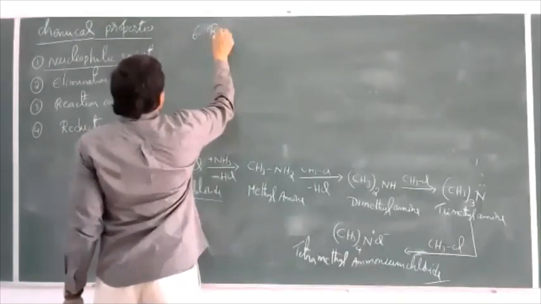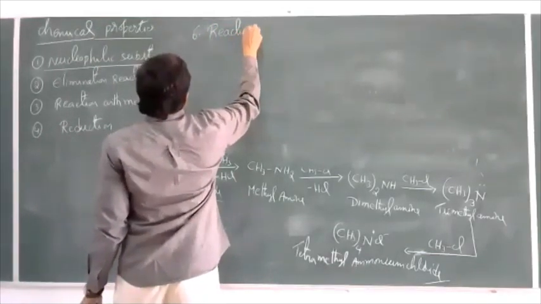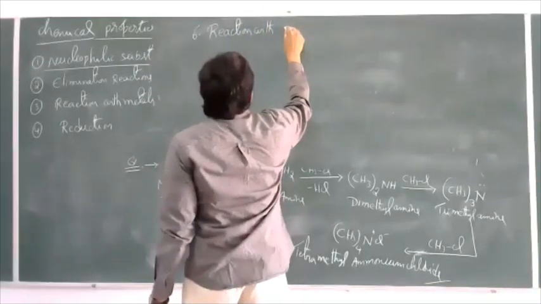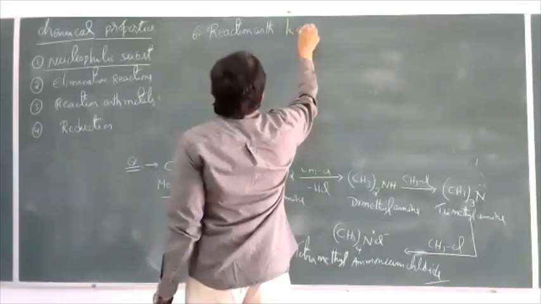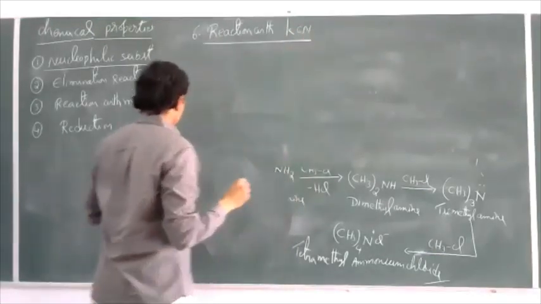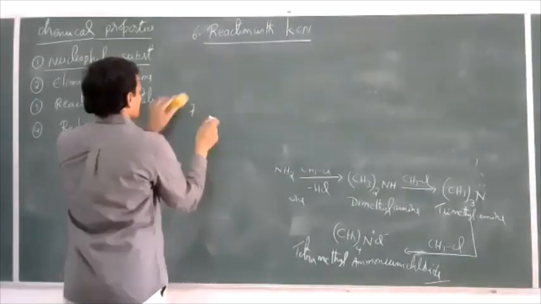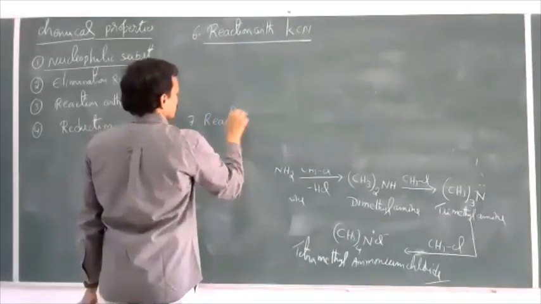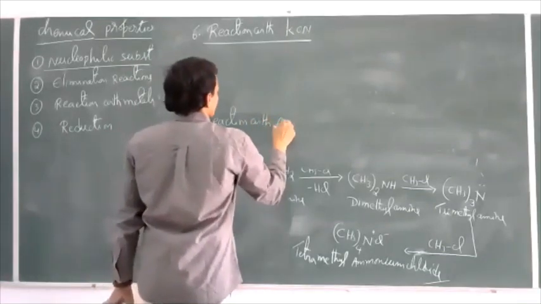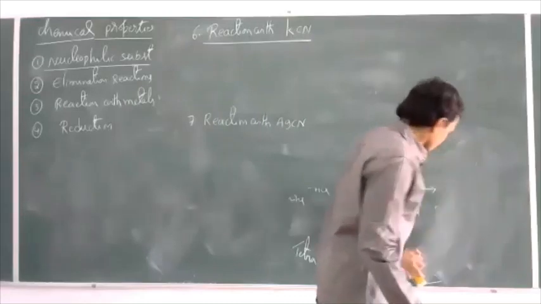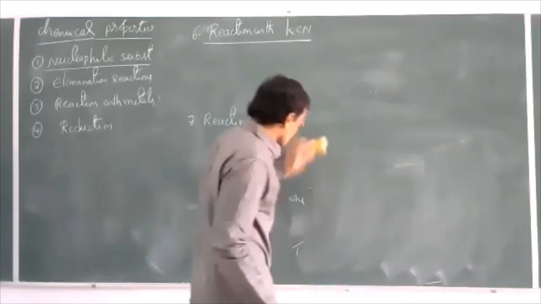Next, reaction with KCN, and one more, a reaction with AgCN. Reaction with cyanides. One is potassium cyanide, one is silver cyanide.